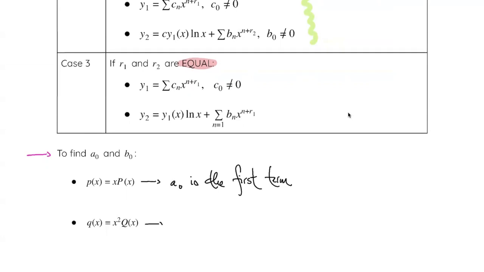It turns out that for little q of x, when I do x squared times big Q of x, b sub 0 is the first term here. Okay.